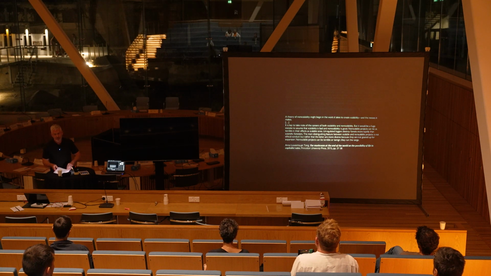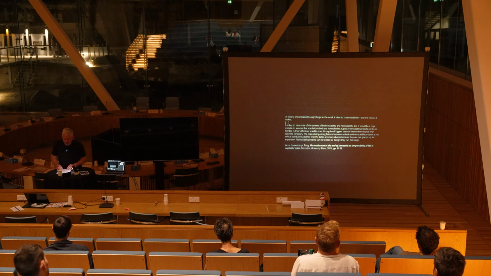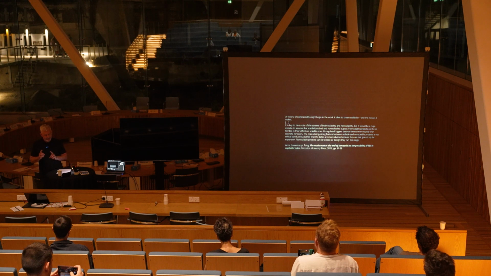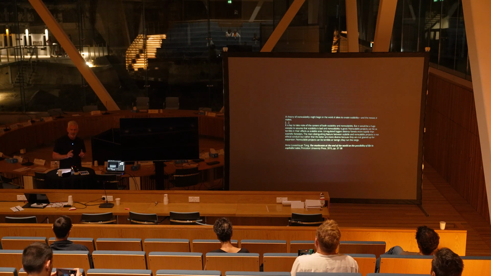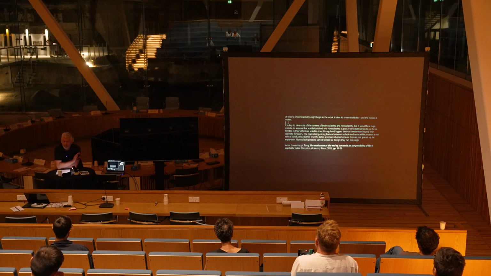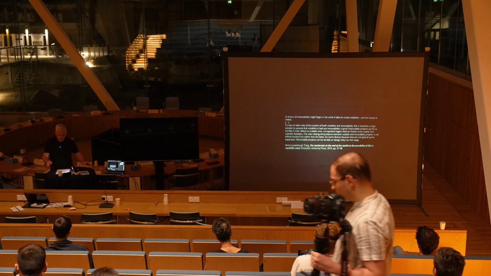Anna Tsing's book of 2015, which I highly recommend, The Mushroom at the End of the World, further develops a theory of non-scalability that begins from analysis of what she calls, quote, the work that it takes to create scalability and the messes that it makes. She writes, it is key to take note of the careers of both scalability and non-scalability. But it would be a huge mistake to assume that scalability is bad and non-scalability good.